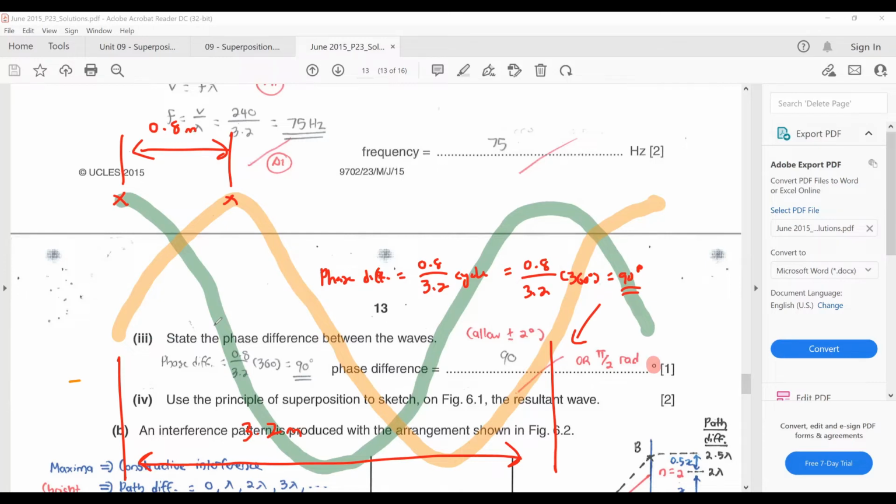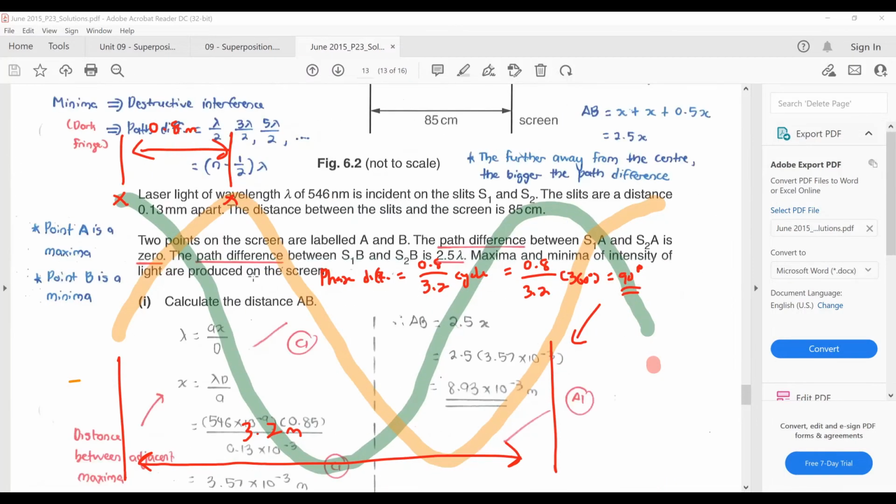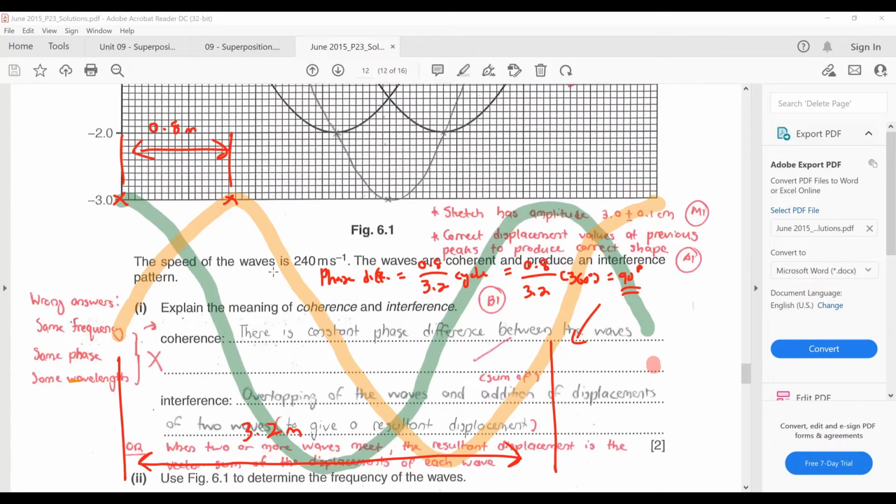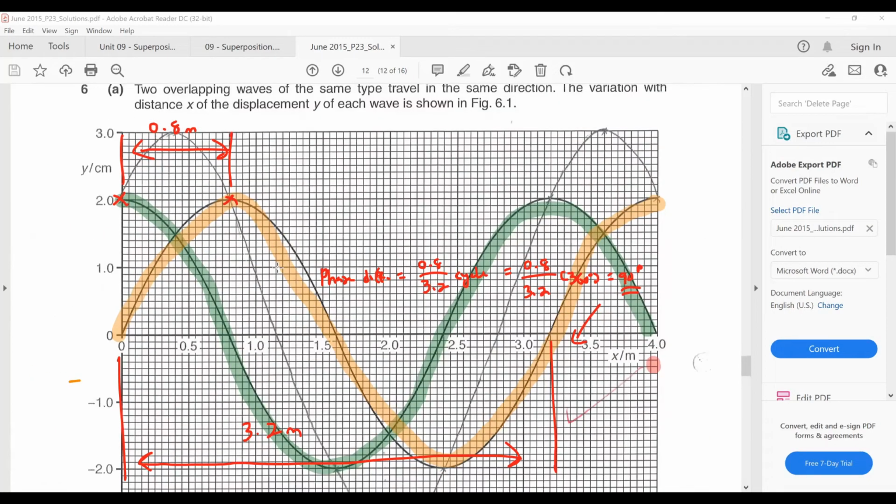Okay, then after that, part 4, use principle of superposition to sketch on figure 6.1 the resultant wave. So you had these two waves here just now, the green colored wave and the orange colored wave. Now they want you to sketch the resultant wave that is formed when these two waves meet.